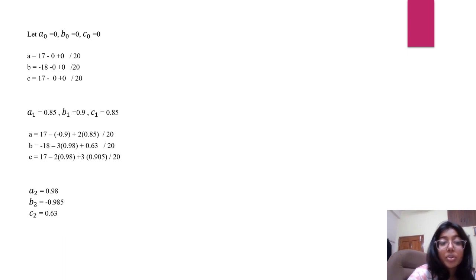Then again we put these values in the equations, where a is 17 minus, we get this, and we get the values of a2 as 0.98, b2 as minus 0.985 and c2 as 0.63.